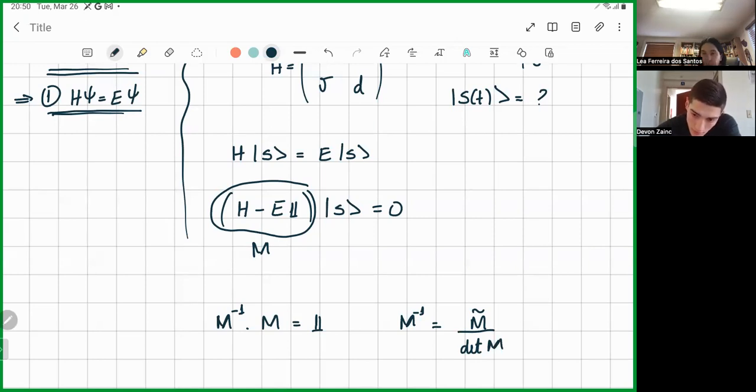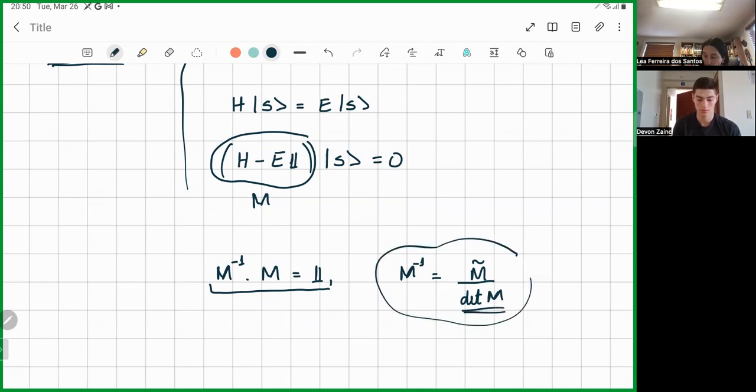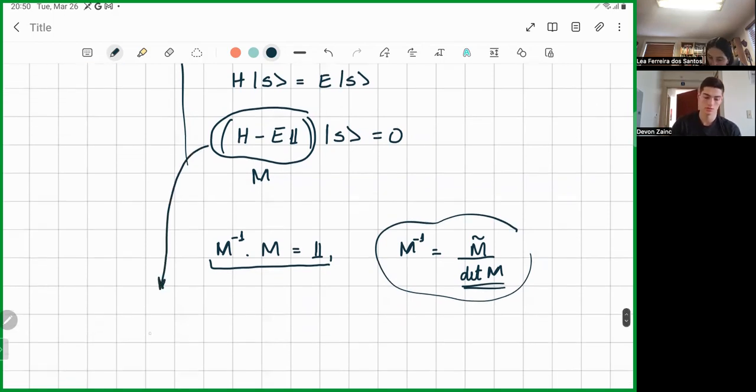Okay, so if it has an inverse, the multiplication gives us the identity. And how do I compute this inverse? I need to get the determinant of the matrix and use this procedure. Okay, so given that, let me come back to what I wrote on top. If that matrix M, which is this whole thing here, has an inverse, I can multiply the left and the right by the same matrix.